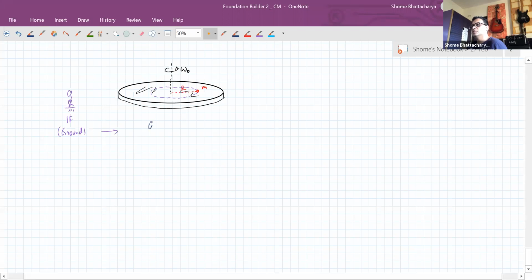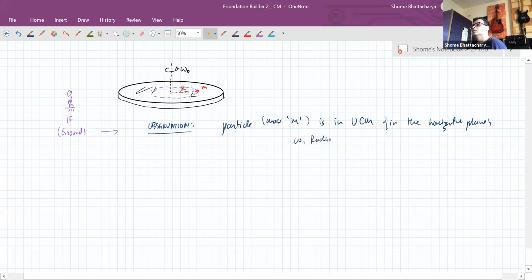So our observation is that the particle of mass m is in uniform circular motion in a horizontal plane with angular speed omega and radius r.